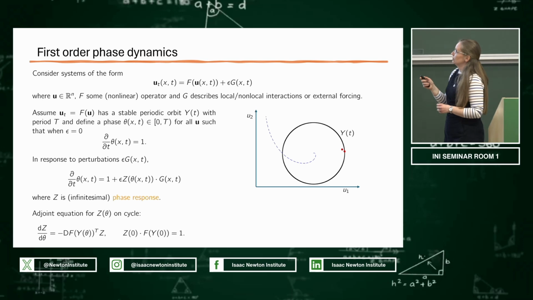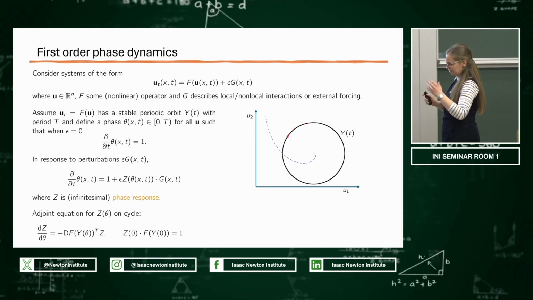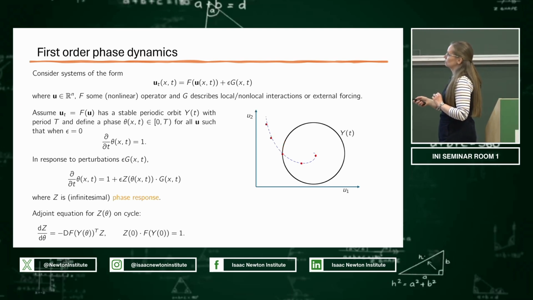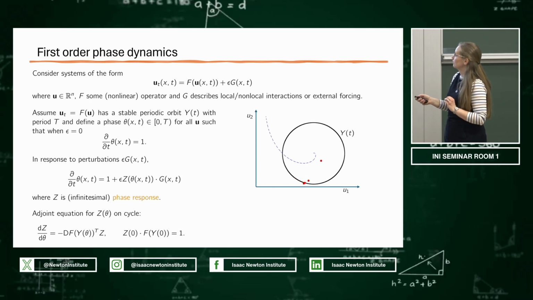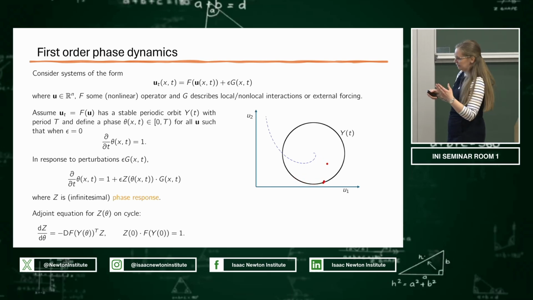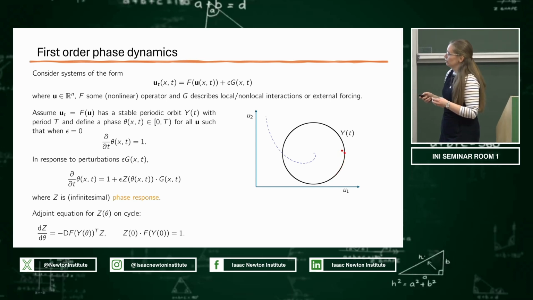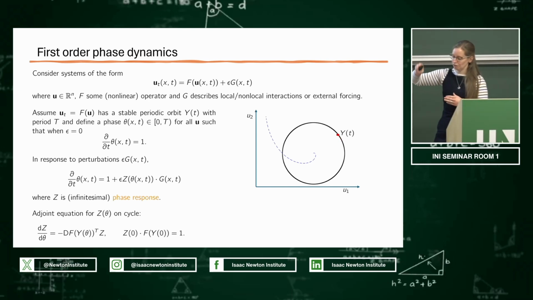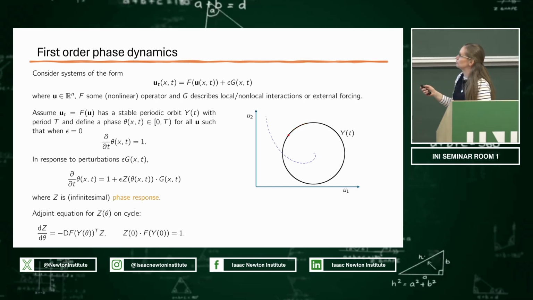Then in response to perturbations, you have to give some idea of how the phase responds, and that's given by this phase response function, which I'm going to call Z. Does the perturbation advance or retard the phase? This is quantified by Z, which is the gradient of the phase function, the function that assigns a phase to each point in your phase space.